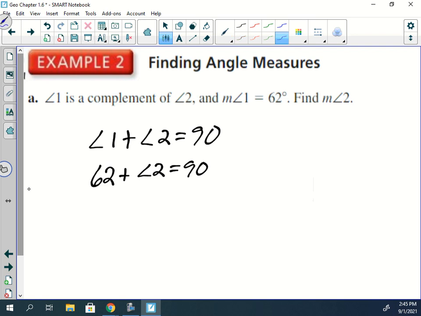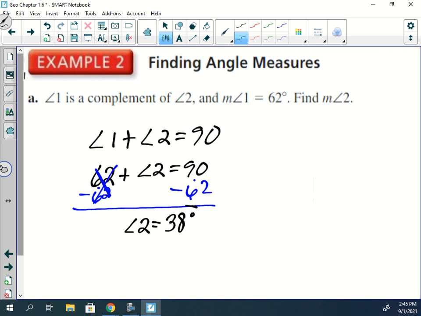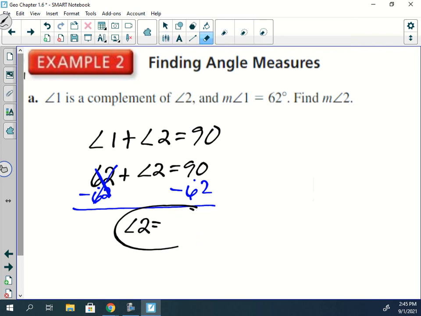What do I need to do? So angle 2 is 28 degrees.